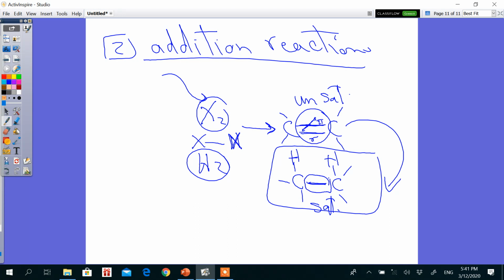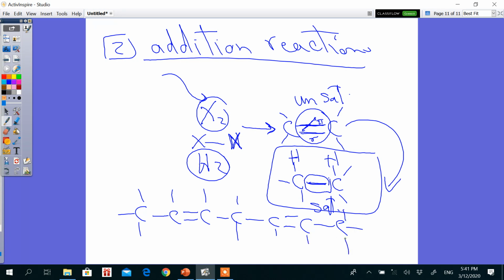So if you have any double bond, as in the example in your book, if I have C double bond C like that, with hydrogens on it, I have here two double bonds.